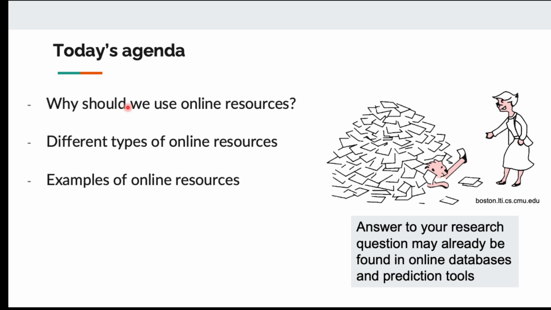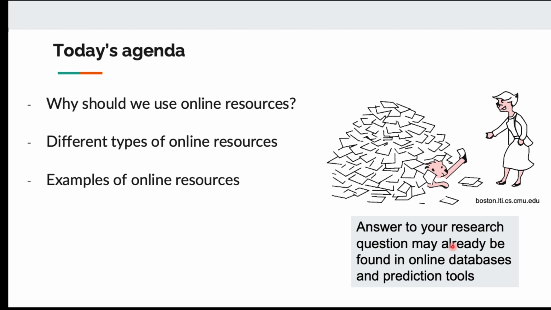We want to consider what types of tools and databases are out there on the internet, and look at a lot of them, because at least part of your research question may already be found in online databases.